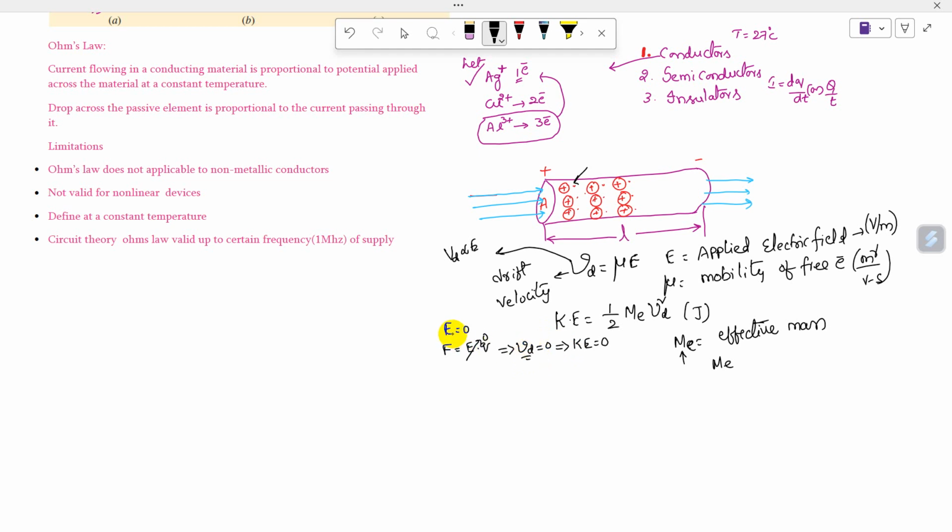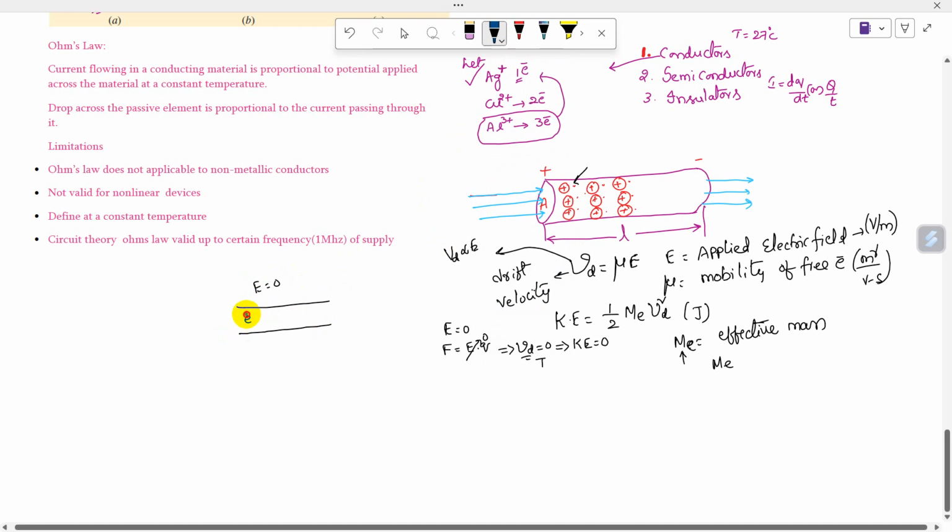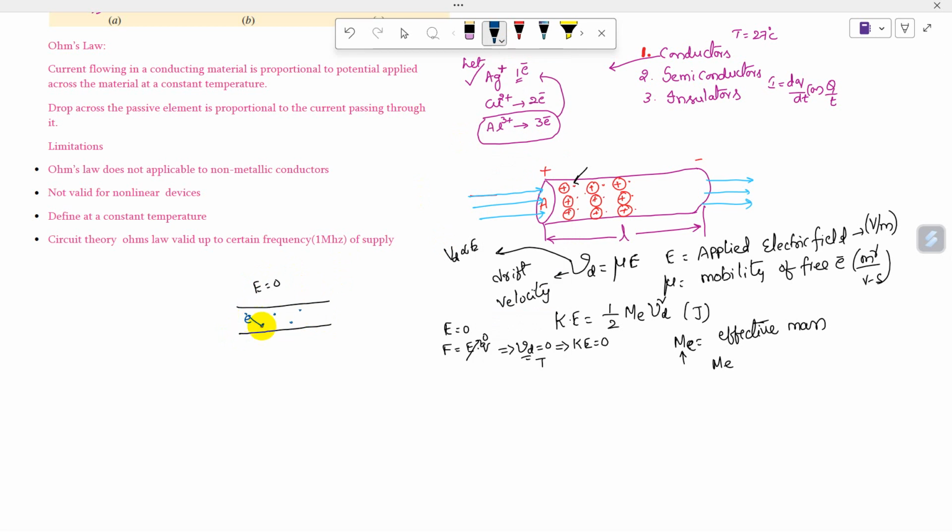Here drift velocity 0 means that when the external field is absent and the conductor is at some temperature T, the electrons in the conductor will move randomly like this, because even though there is no field, there is a temperature.